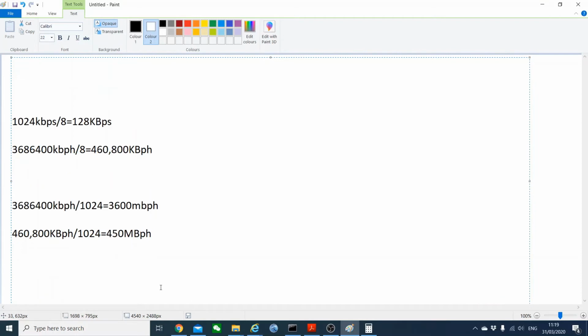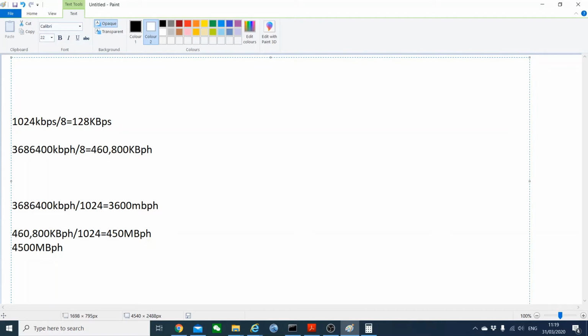Now, using this simple math, we've come to realize that for one camera that takes 1024 kilobits per second, we are going to need a disk space of 450 megabytes for 1 hour. Now, if you want to know how much disk space we are going to need for 10 cameras, just multiply it by 10. We will get 4,500 megabytes per hour for 10 cameras.